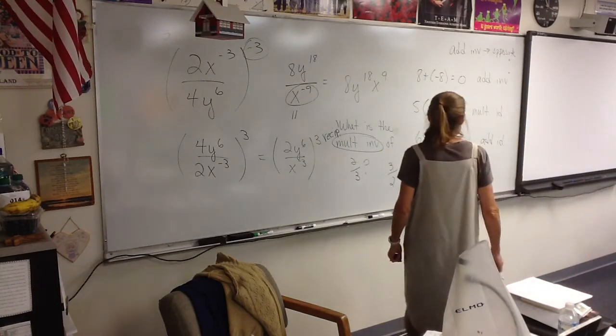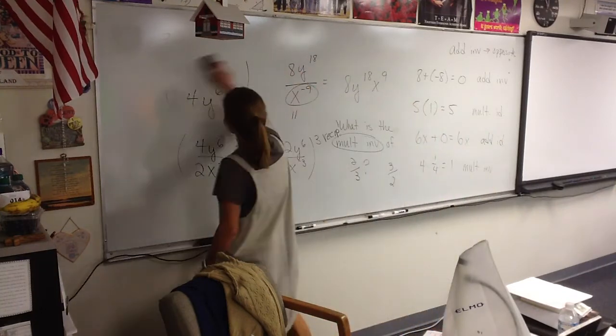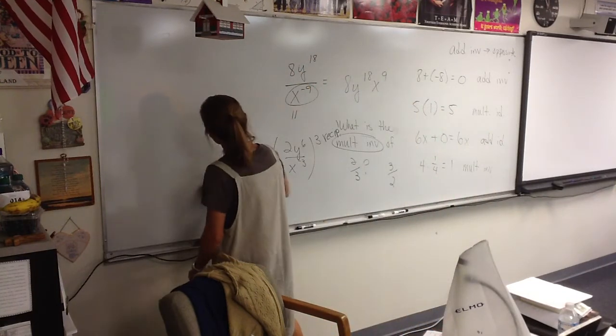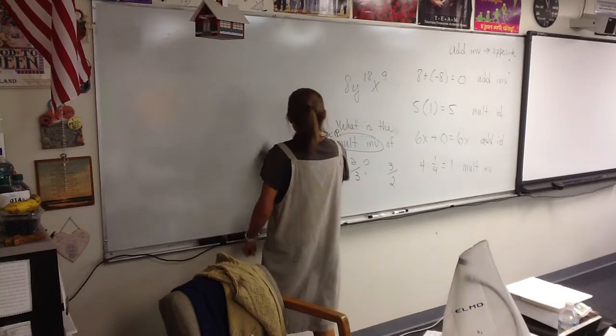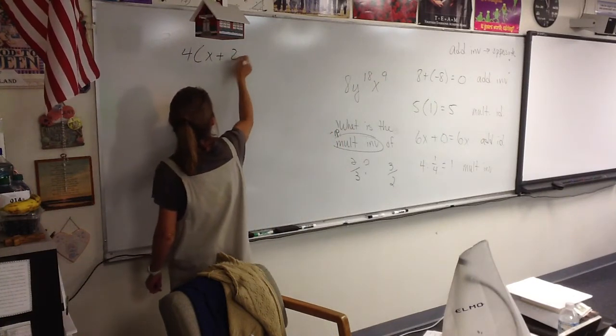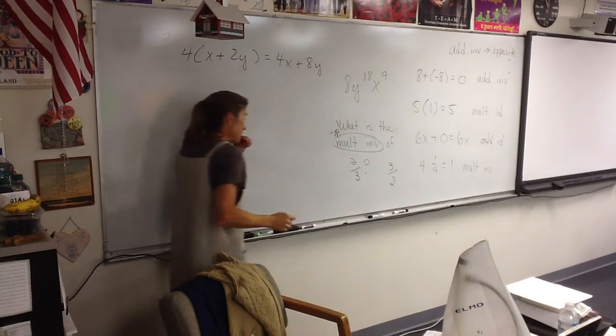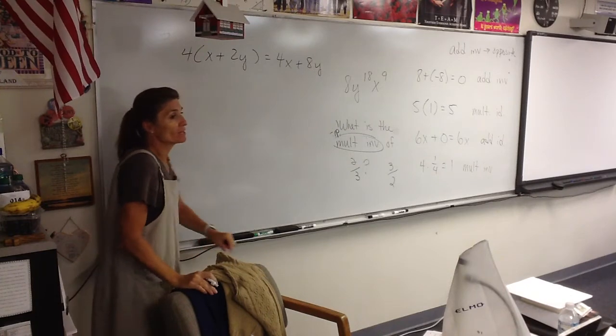One more property. There are tons of properties, you know that. But there's one more that's specifically discussed in the homework tonight. And it is this property. What property is that? Distributive. Very, very good.